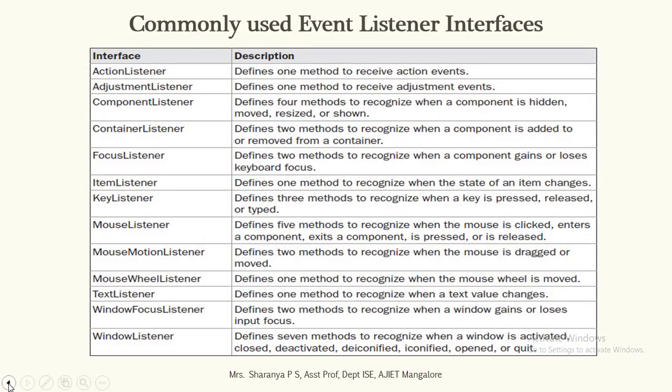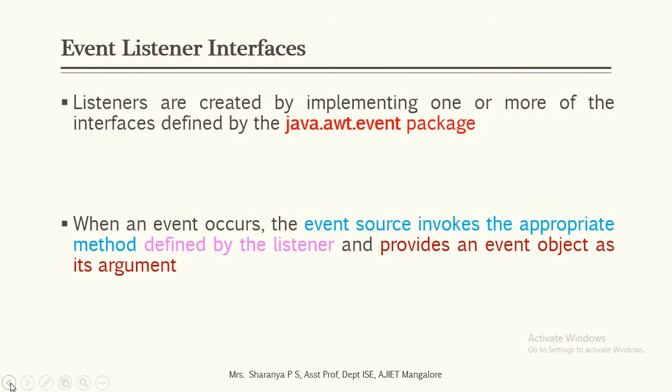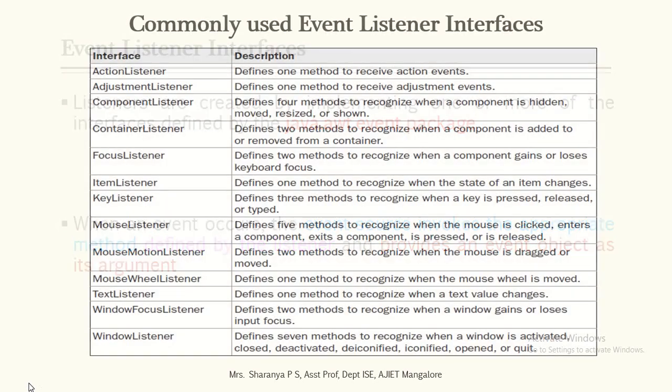Now we'll look into the different event listeners available in order to handle the events generated by the source. Depending on the type of the events generated, we have different kinds of listeners. First, coming to the action listener. These are responsible for managing the action event.